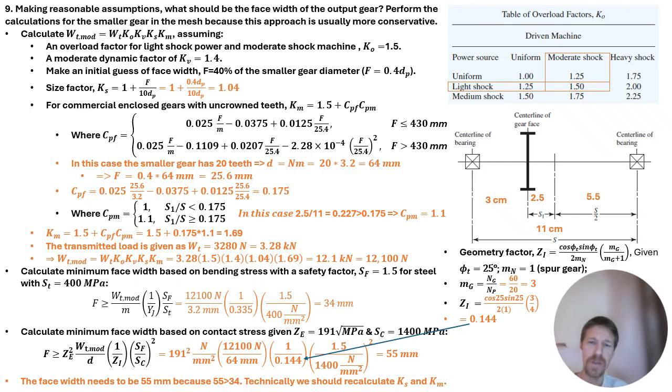Technically, we should iterate on this. If we solve for a face width that's different than 25.6 millimeters, I'm not going to iterate on it, depending on what we get. So we'll see what we get.